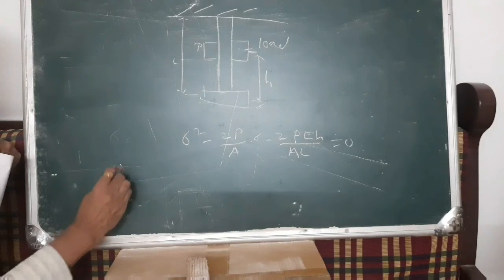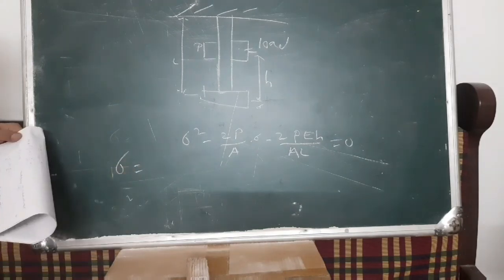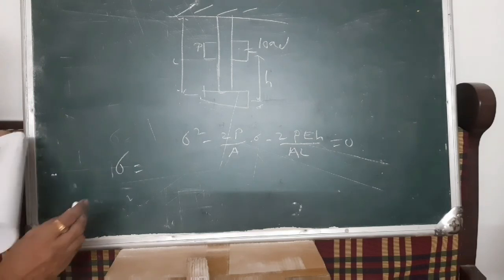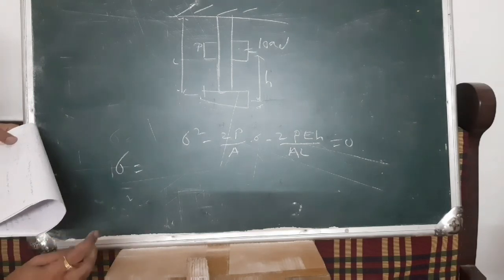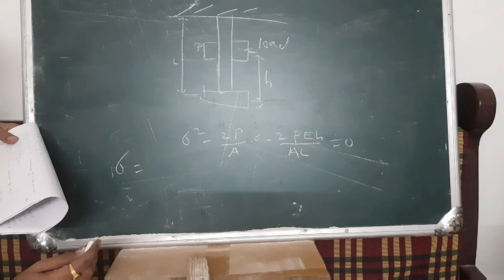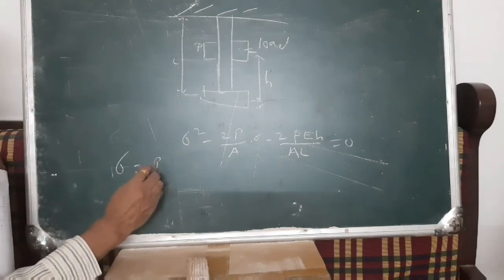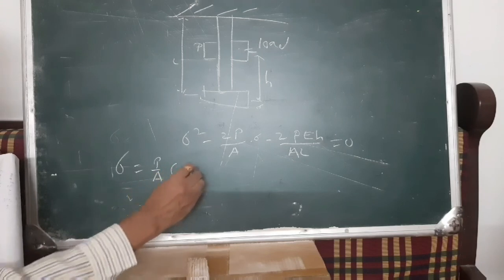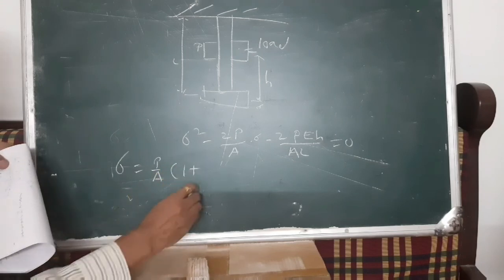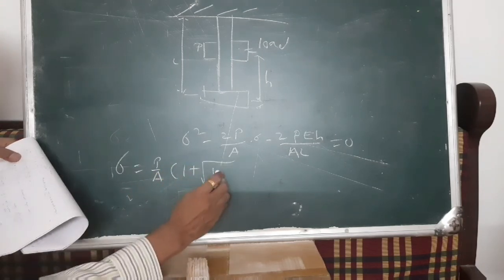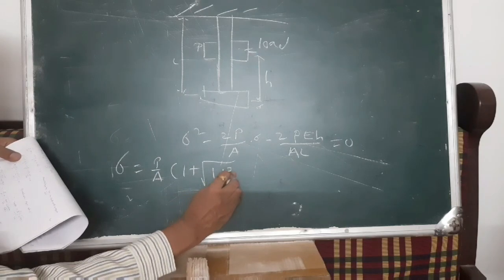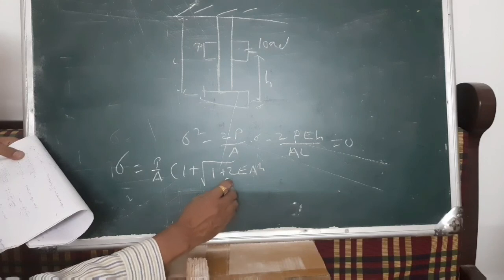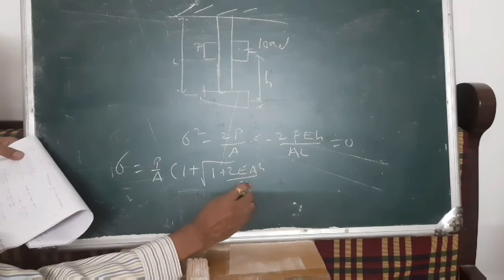After solving, we get sigma is equal to P by A into 1 plus under root 1 plus 2EAH divided by PL.